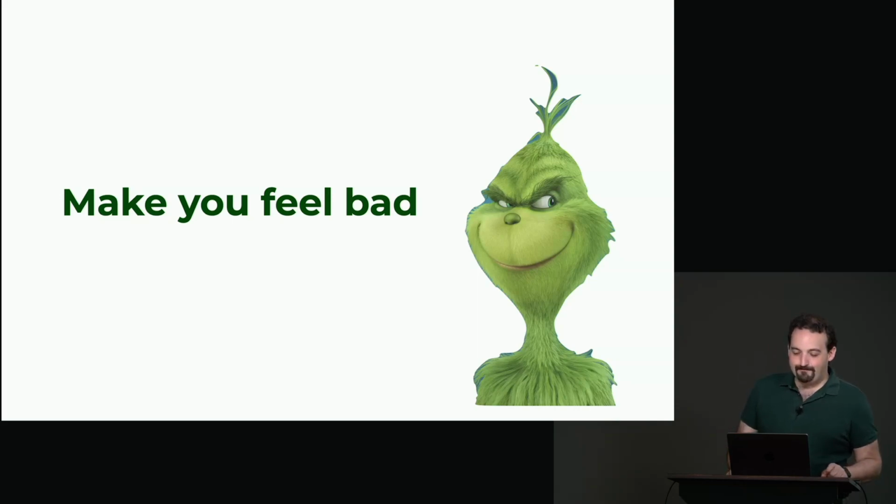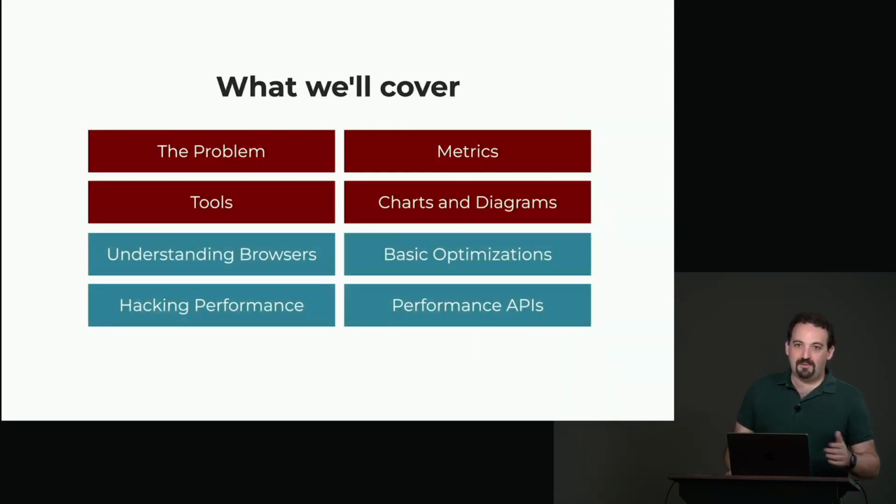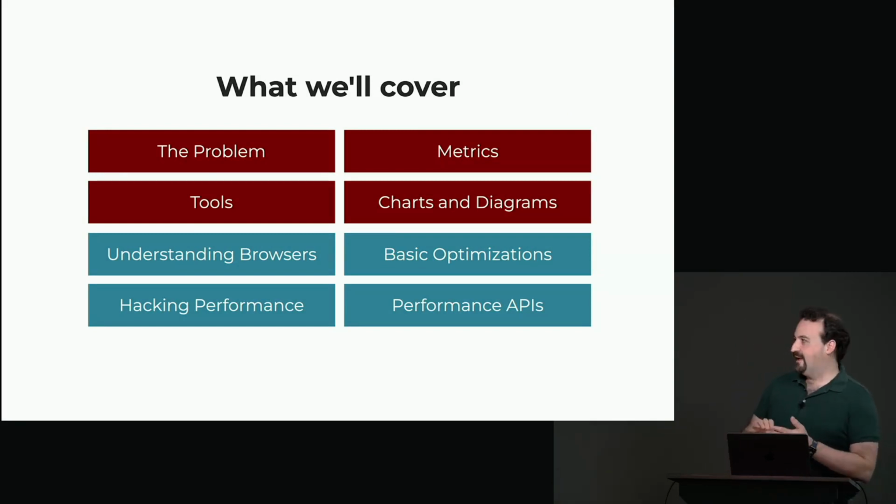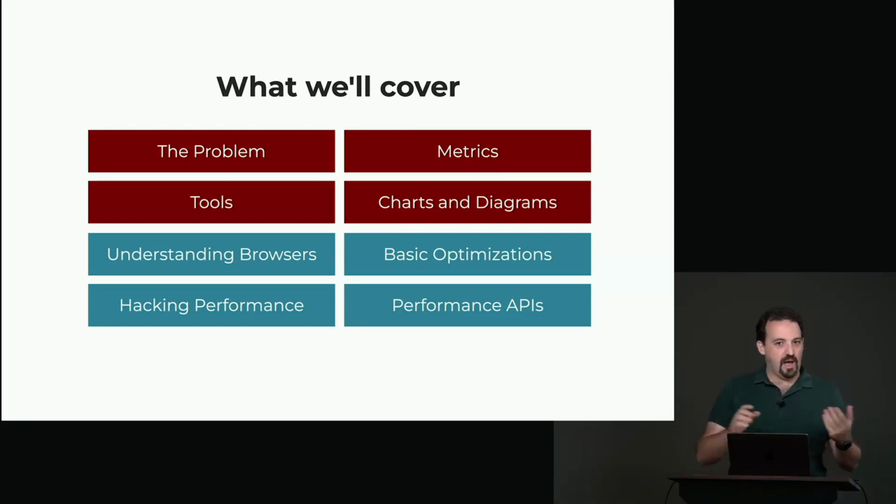So we are going to cover a couple of things. We're going to start with the problem, so why web performance is important. Then metrics: how metrics work, what metrics are available today, and how to measure performance. The tools available: there are many tools, but we will focus on the tools that we have available in the browser, open source and free tools, though there are also more commercial tools.